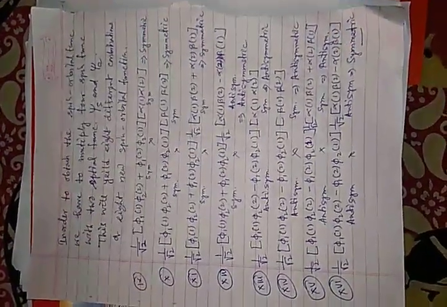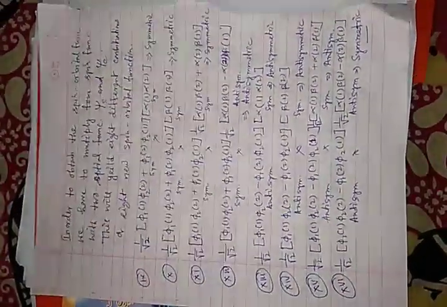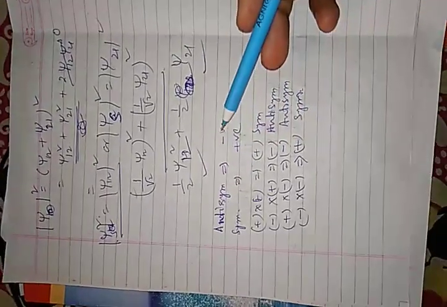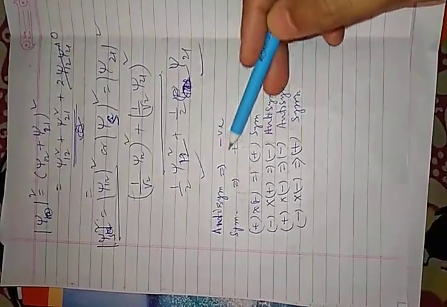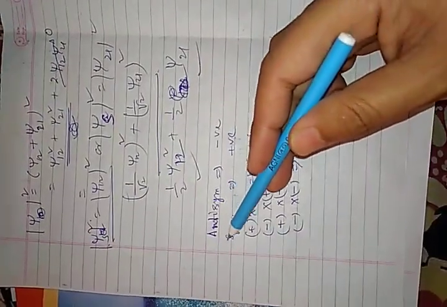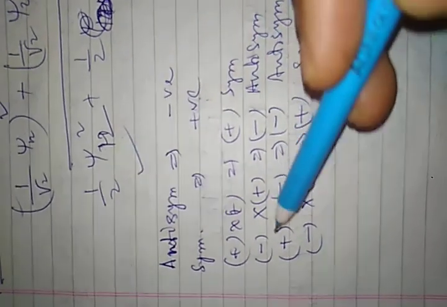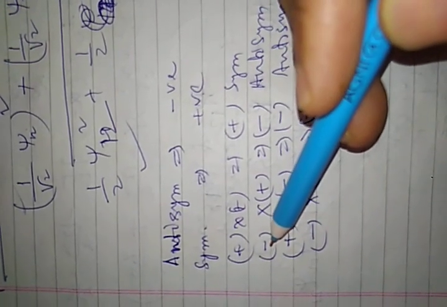How do we determine whether a product will be antisymmetric or symmetric? If I say that an antisymmetric function has a negative sign and a symmetric function has a positive sign, then symmetric times symmetric always yields a symmetric function. Antisymmetric times symmetric is an antisymmetric function.